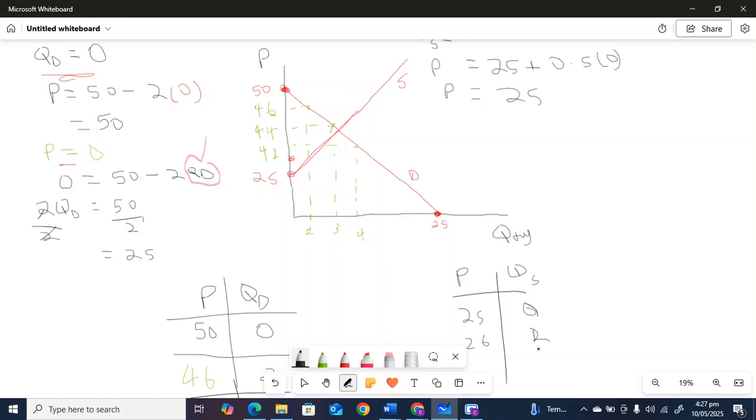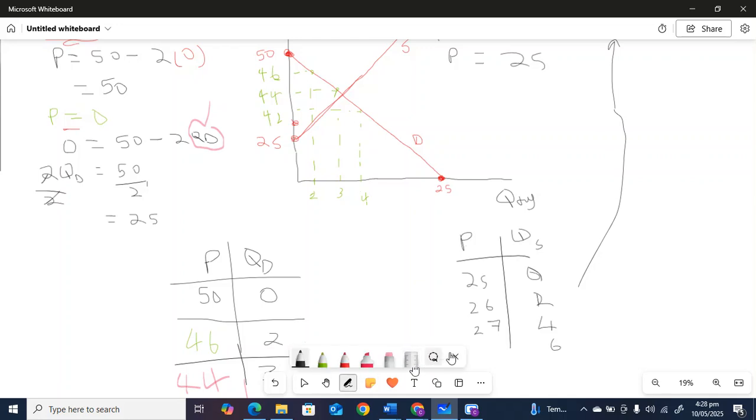When QS equals 4, you substitute back into the supply function here. 4 times 0.5, that is 2. 2 plus 25, that is 27. When QS equals 6, price is equal to 28. And that's how you go again.